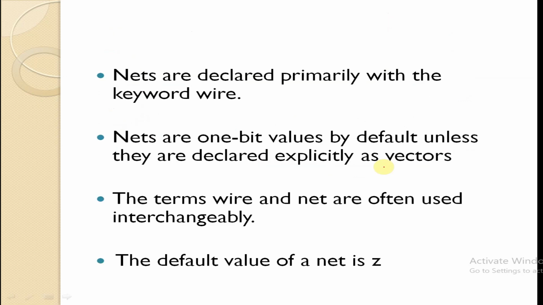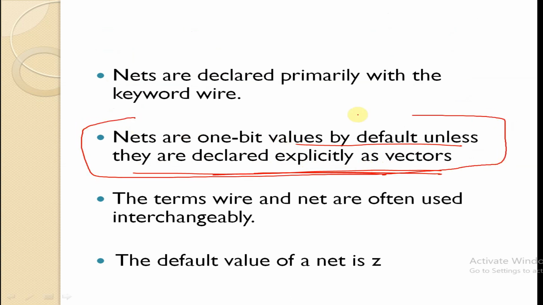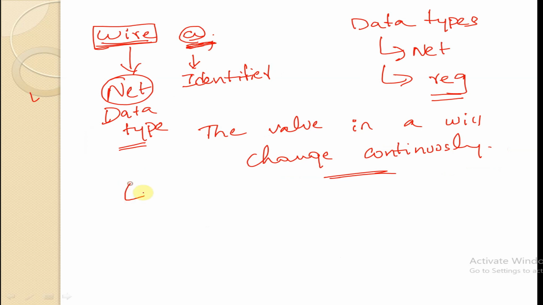A net data type is declared by the keyword wire, and nets are 1-bit values by default unless they are declared explicitly as vectors. This is also a very important point which can be asked in interviews. So the size of the net is 1 bit unless they are declared as vectors.